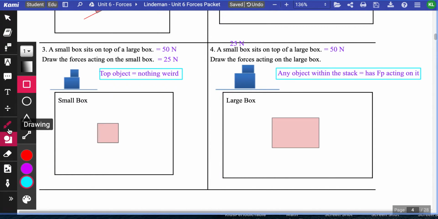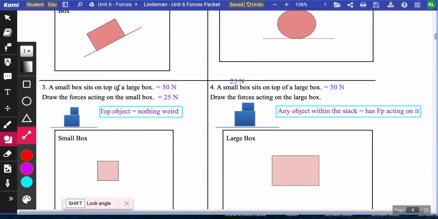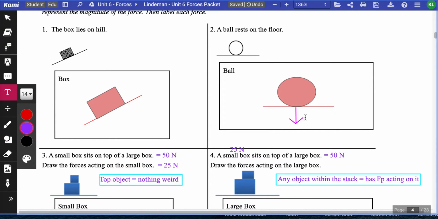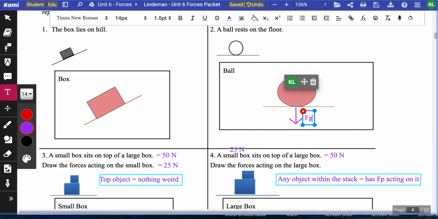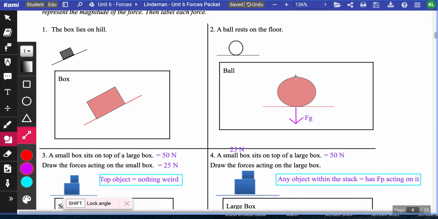So for small box, this is going to look very similar to this ball up here. We have gravity force pushing down because it's on planet Earth, and then because it is on a surface, we have normal force pushing up.